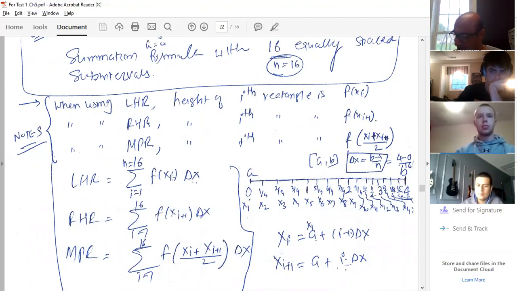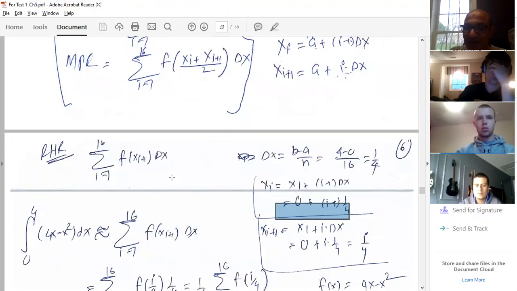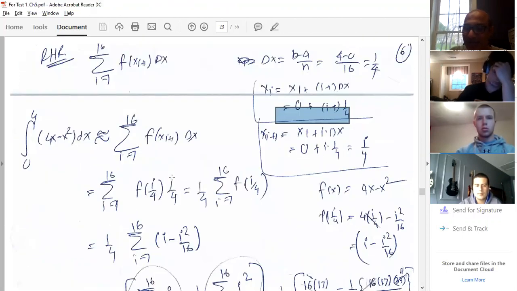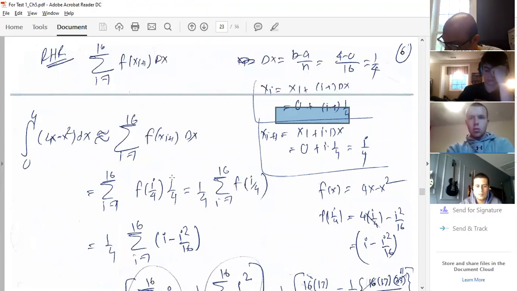Okay. Good. So that is equal to, 4 will get cancelled out, (i minus 1) minus (i minus 1) squared divided by 16.